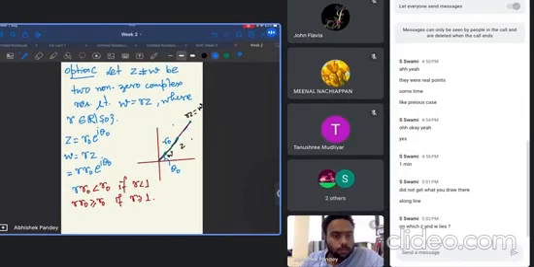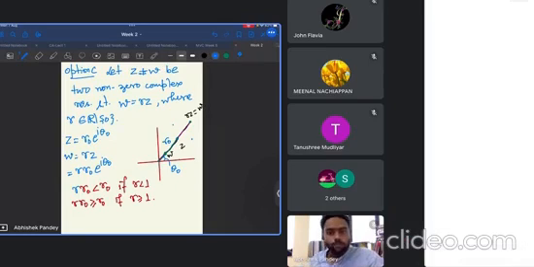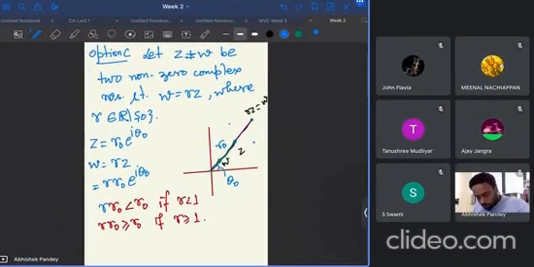Did not get what you drew there, the long line on which Z and W lie. Okay, so let me write it again. Let us suppose Z is here. Once you apply RZ, it will take Z to somewhere here, or it will take Z to somewhere here.